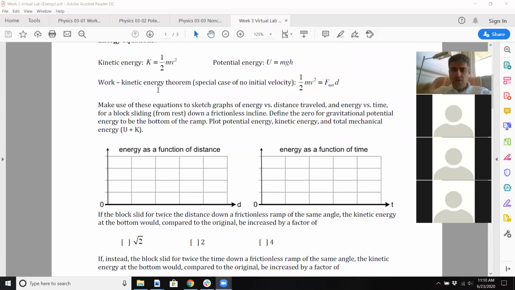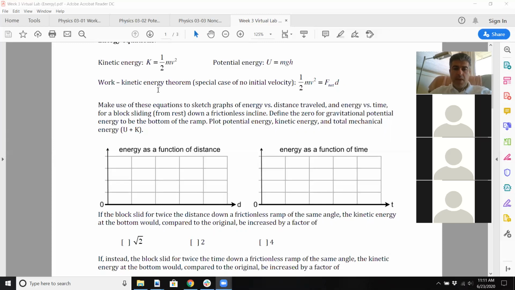So now you're told to make use of these equations to sketch graphs of energy versus distance traveled and energy versus time for a block sliding from rest down a frictionless plane. Define the 0 for gravitational potential energy to be the bottom of the ramp. And plot potential energy connected to total mechanical energy.